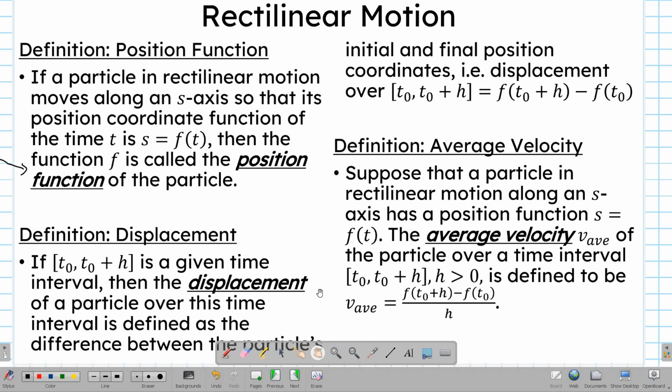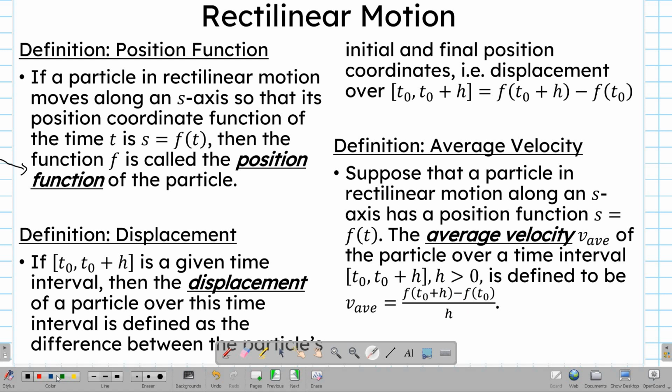With that, since we have already defined displacement, one of the things that we usually account for is how fast an object or a particle moves. And what we've learned before in secondary education or high school would be the average velocity. So suppose that a particle in rectilinear motion along an s-axis has a position function s equals f of t. Then the average velocity, v sub average, of the particle over this time interval, given that h is positive, is defined to be this difference quotient, the displacement over the change in time.